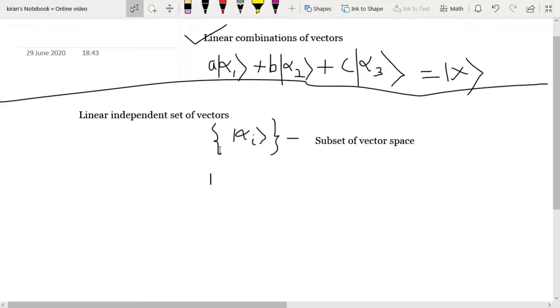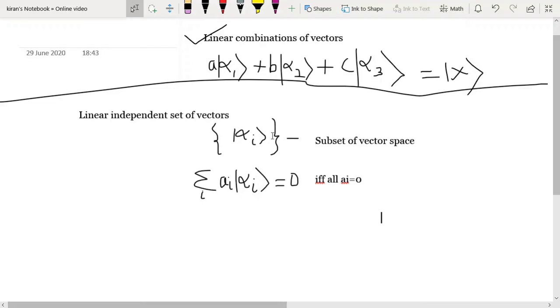Then this subset of vectors alpha i's is said to be linearly independent if and only if this condition is satisfied: summation over i of a_i alpha_i is equal to 0 if and only if a_i is equal to 0.